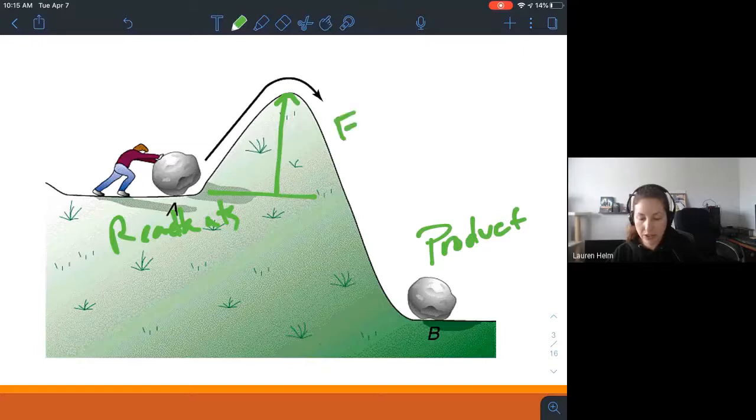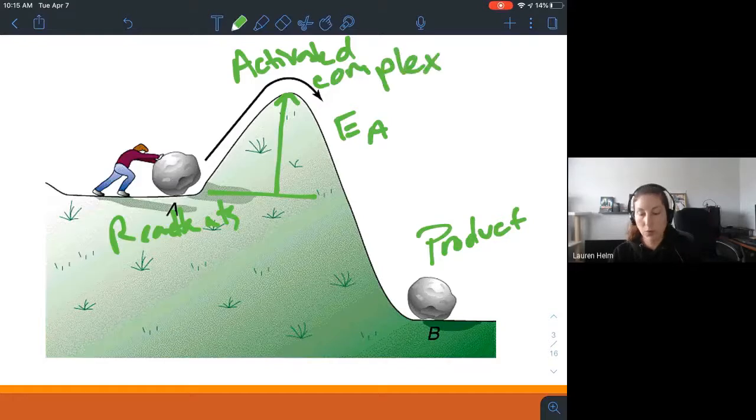That's our activation energy, the amount of energy needed to get that rock rolling and to put it up that hill a bit before it'll roll down and form the product. At the very top of this hill is what we call the activated complex, or a kind of intermediate point in the reaction.